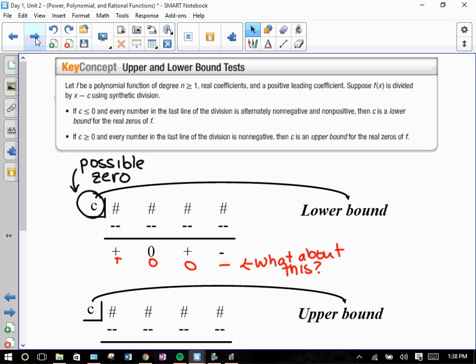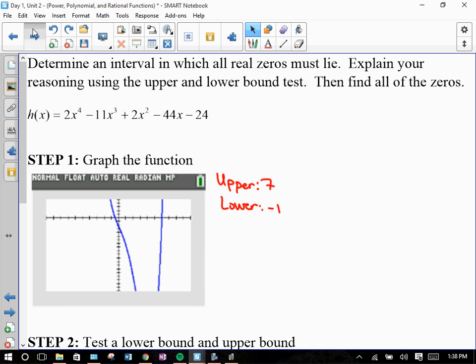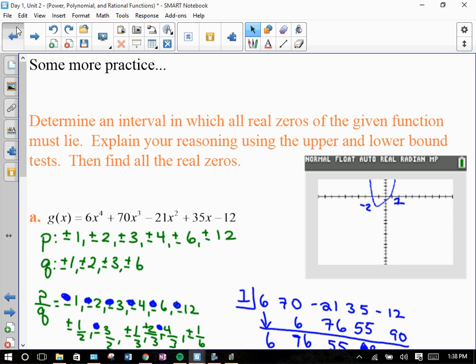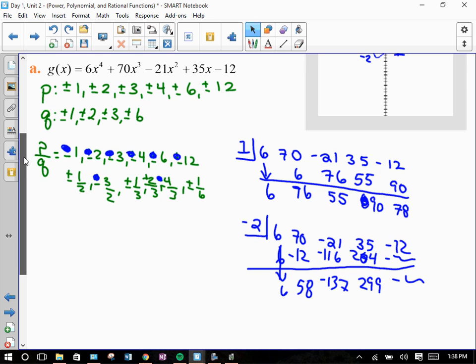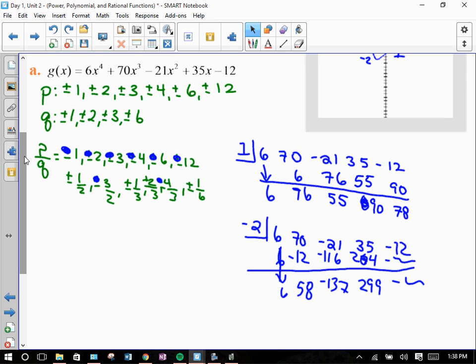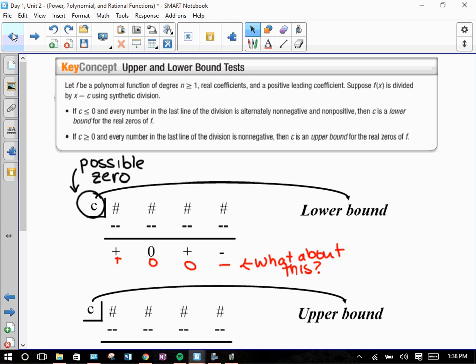Alright? So, let's go back here and look at this stuff. So, our options are this. Okay, first of all, we look at this, it says C is greater than 0, right? This positive 1. So if we go back and look, it says C is greater than 0 and every number in the last line of the division is not negative, and C is an upper bound for the real zeros above that, right?